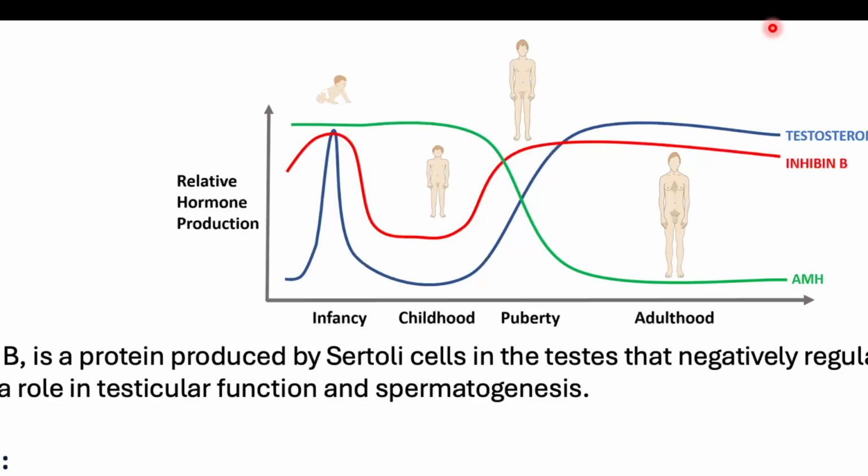In infancy, inhibin B is at peak, testosterone is at peak, as well as AMH. At childhood, inhibin and testosterone decrease in level while AMH is at high levels. Then at puberty, testosterone rises, inhibin rises from the testes, and AMH goes down, which is maintained in adulthood.